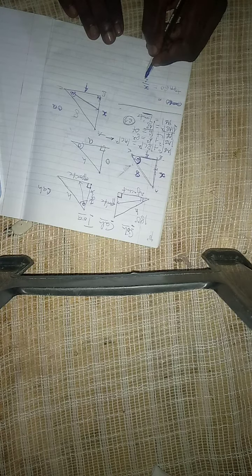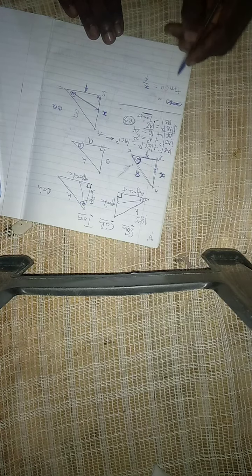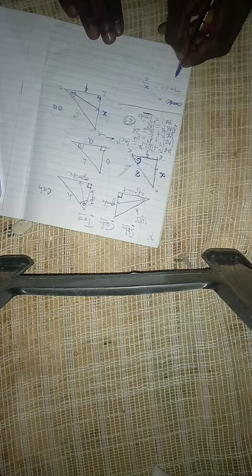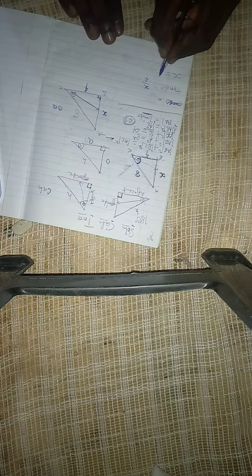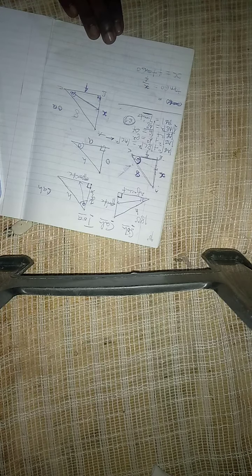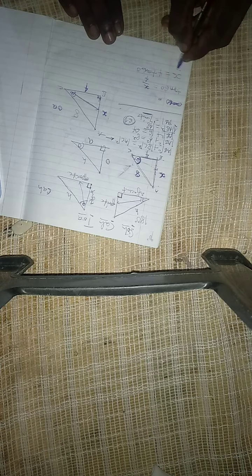So we just multiply this by this so that we can eliminate 4 from here. So when this multiplies this one, x will stand alone. Then we have x is equal to 4 tan 60 degrees. Then you just punch 4 tan 60 degrees to get your x.